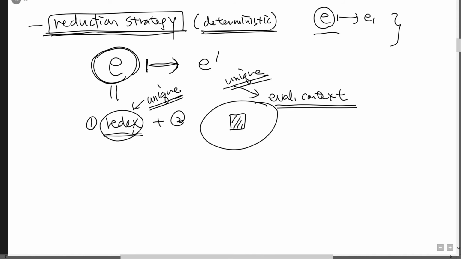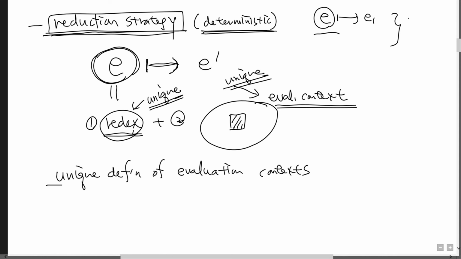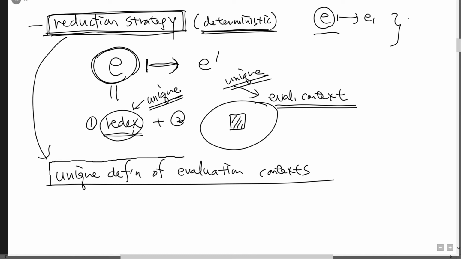And we can further develop this idea. What we obtain is a unique definition of evaluation context. So in other words, if you are given a particular reduction strategy, of course it should be deterministic, then you can derive a corresponding unique definition of evaluation context. Because this reduction strategy tells you how to obtain an evaluation context from a given expression.